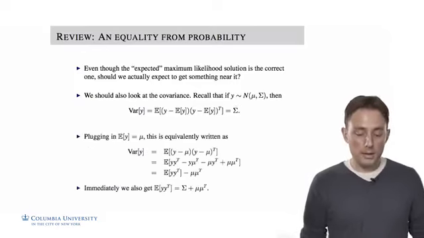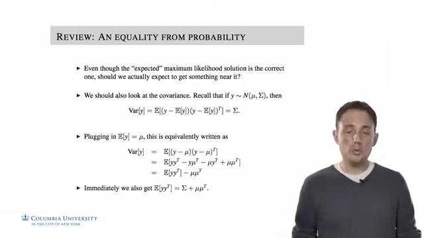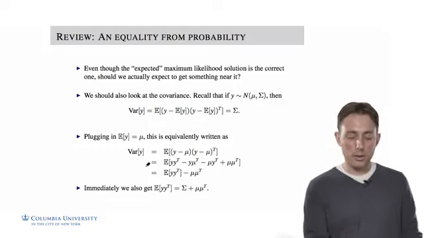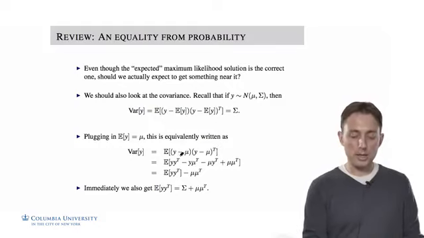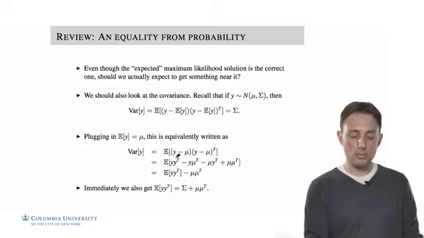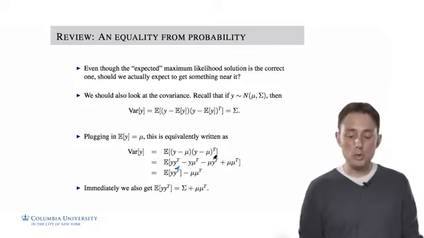Now plugging in the value mu for the expectation, we can equivalently write this in this way, where we show the variance of y using this sequence where we take the outer product and use the linearity of expectation to calculate these three separate expectations. We find that the expectation of y is mu, and the expectation of y transpose is mu transpose.